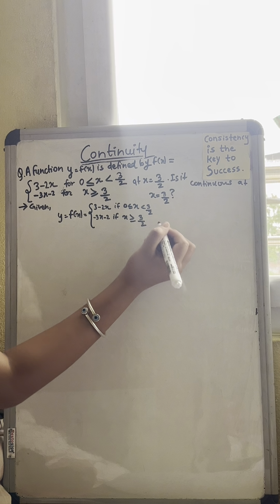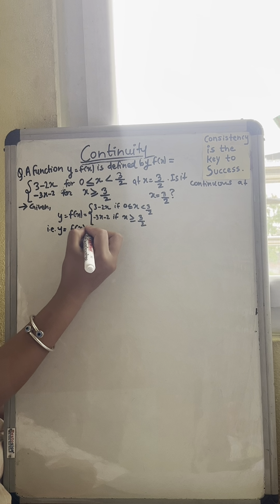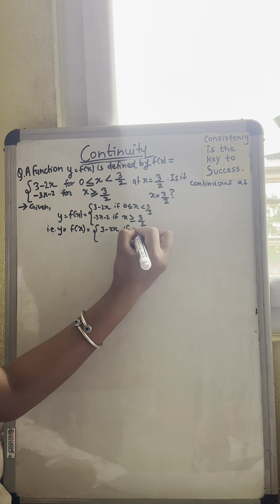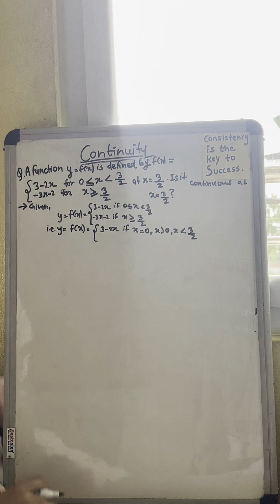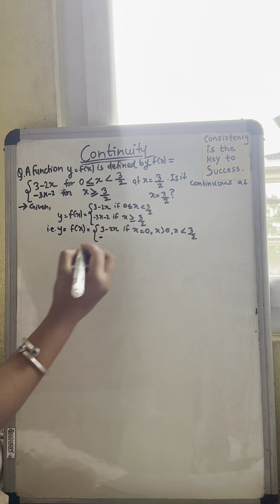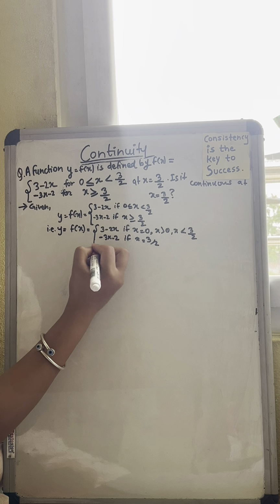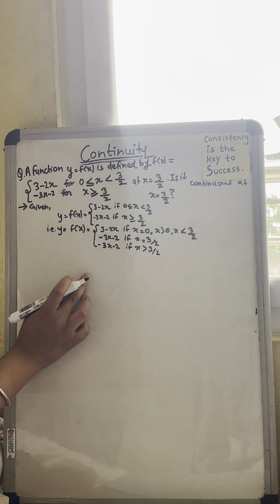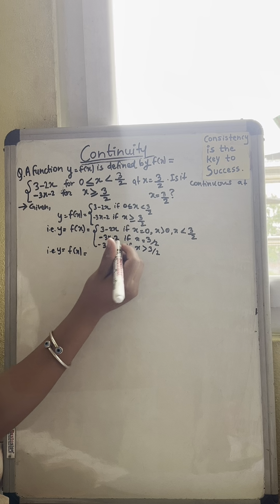Now we have to find if the function is continuous or not. Since we need 3 points to prove the continuity, here x is equal to 0 is only 2.